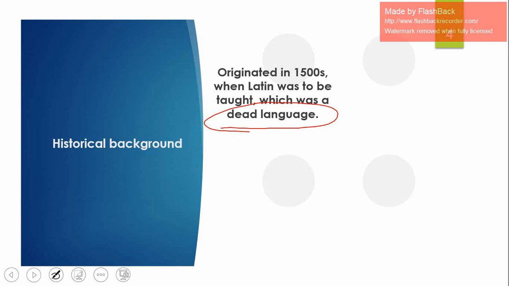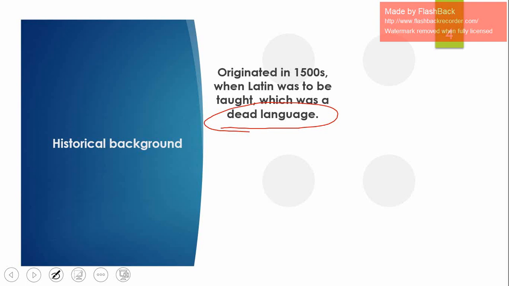So there was a need to translate that knowledge from Latin and Greek to other languages. So students were introduced to that method so they would be able to translate from Latin and Greek into their native languages. So the basic aim was not to teach the language, but to teach about the language, or make them able enough to translate into their native languages.